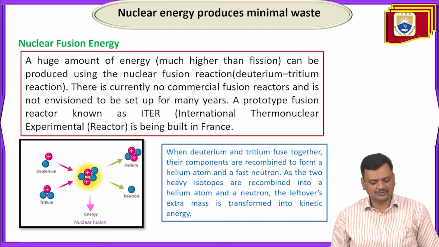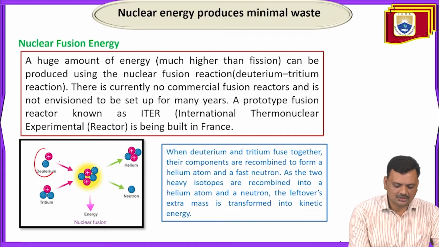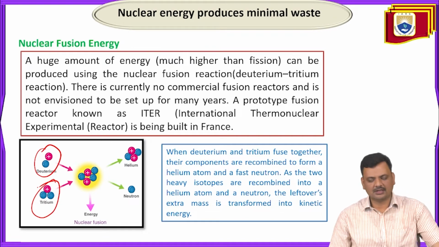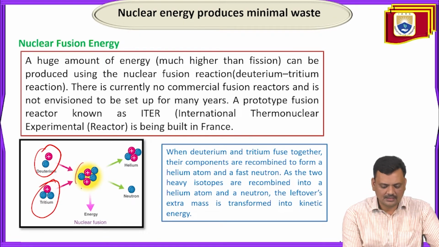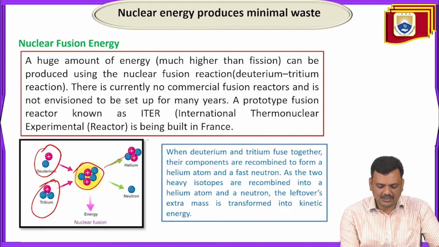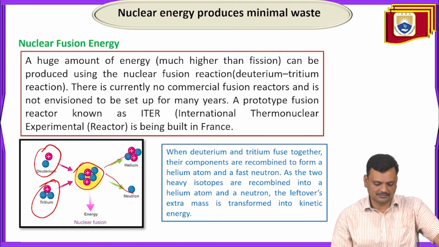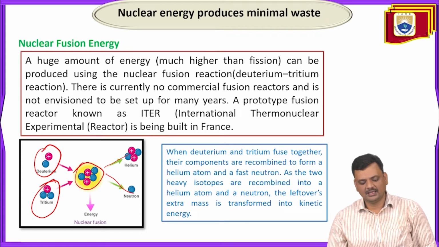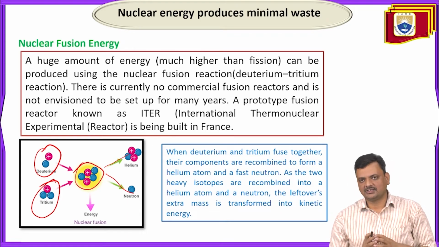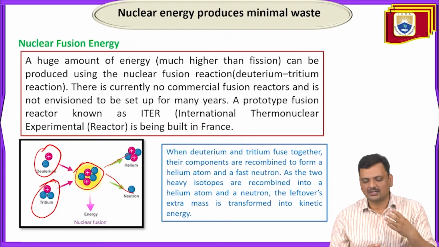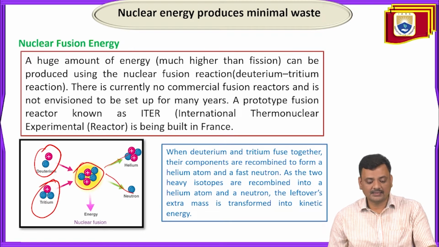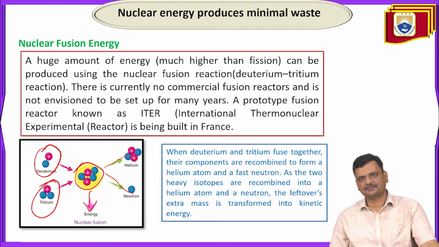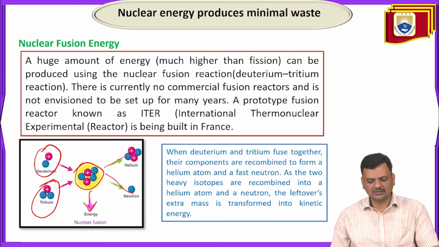So what happens in fusion? You can see here a deuterium atom and a tritium atom, both lighter nuclei, collide and form helium and one neutron. Two lighter nuclei collide and generate a different nucleus, and in that process energy is also released.